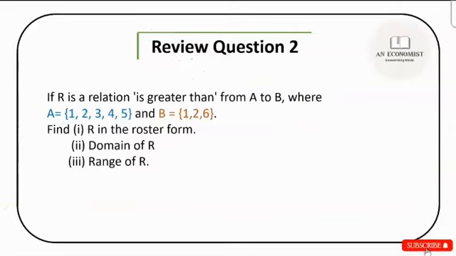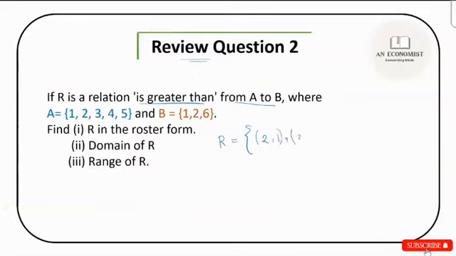One more quick review question. R is a relation 'is greater than' from A to B. Then again we have to do the same thing. Let's see what R looks like. So the element should be greater than this, right? We will start with 2. 2 is greater than 1.